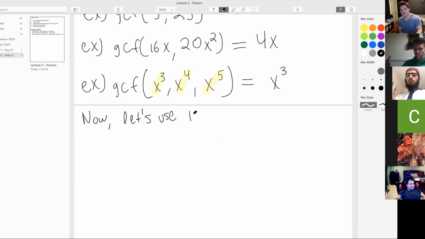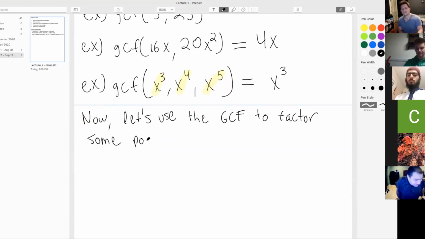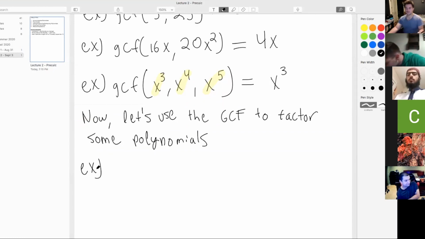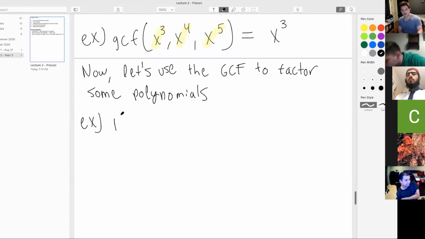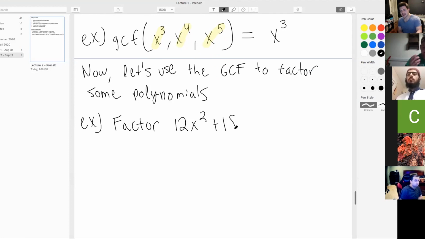Let's use the GCF to factor some polynomials. Okay, sweet. Example. The task is to factor 12x squared plus 18x.